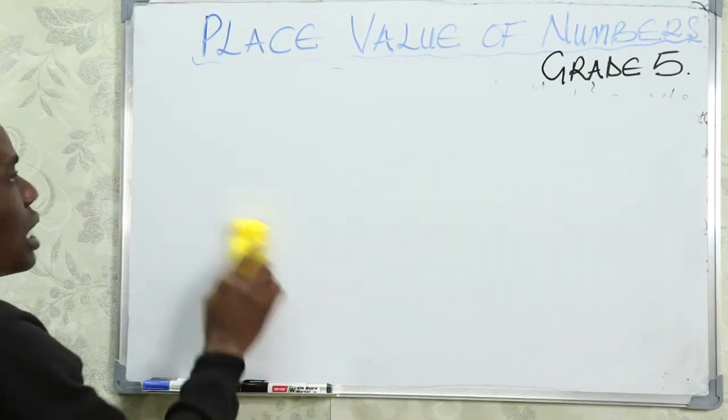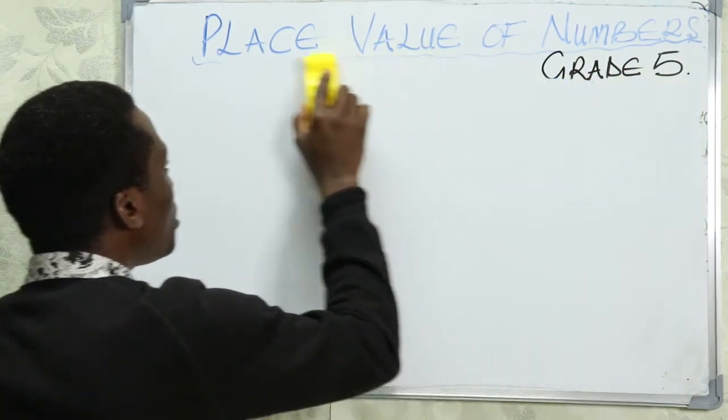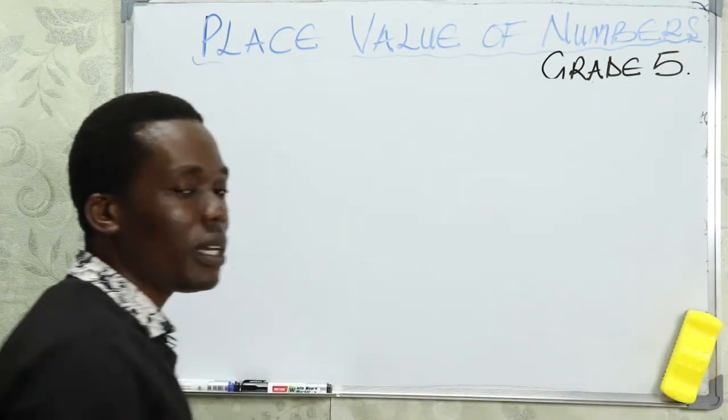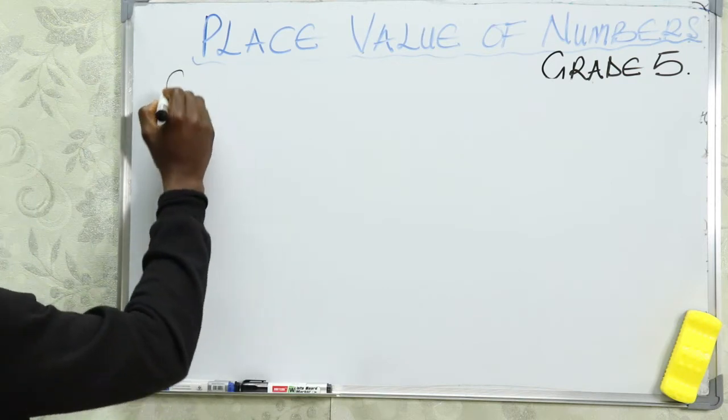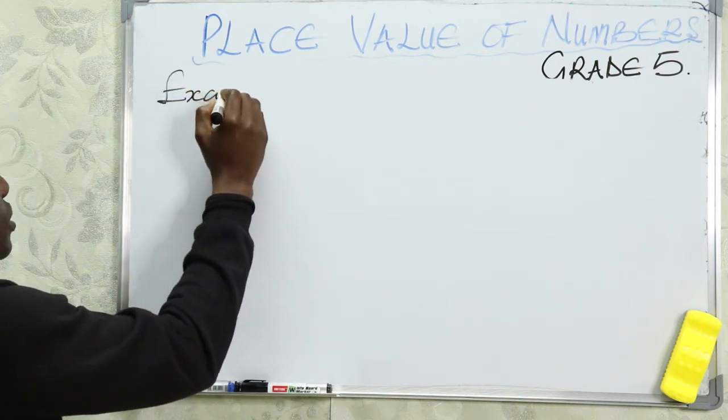Remember, I told you that the abacus is a tool that can help us place numbers in their various place values. Now take for example, we are given this question.